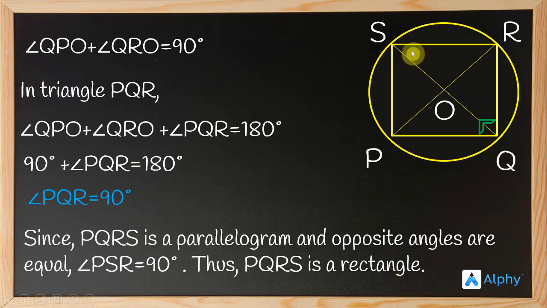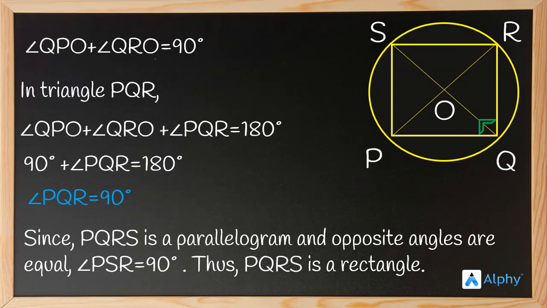Based on the property that if even one angle of a parallelogram is 90 degrees, it's going to be a rectangle, and hence we have got that PQRS is a rectangle, and this is the solution of this particular question.